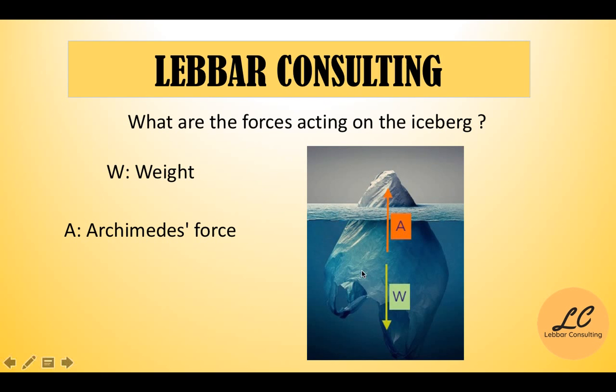And here, of course, we have the weight of the body, the weight of the iceberg, which is acting downwards, and we also have the Archimedes force, which is acting upward.